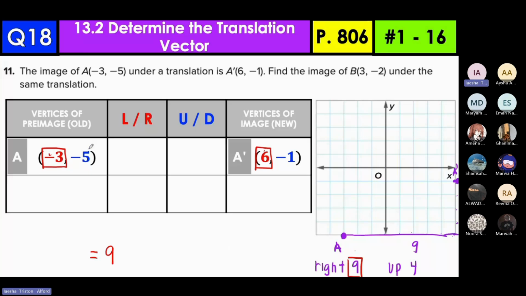How can I use negative 3 and positive 6 and get positive 9? Subtract 6. Subtract what?